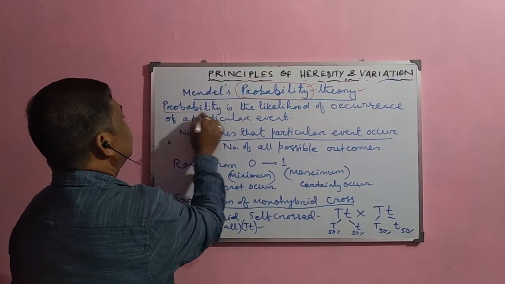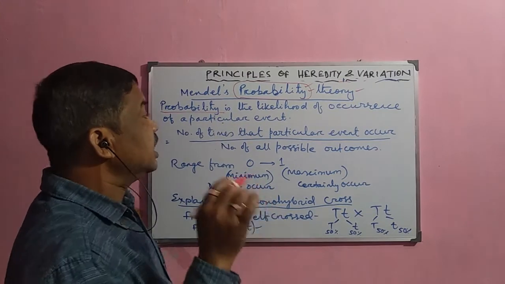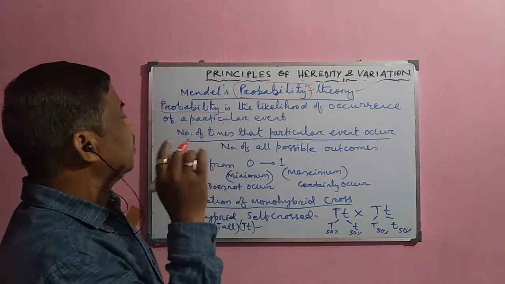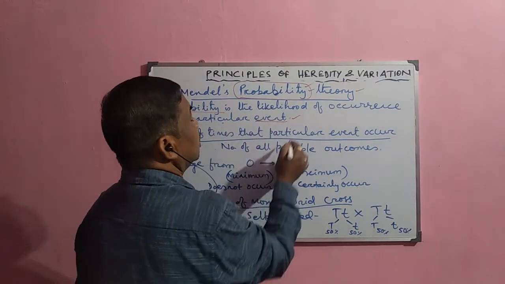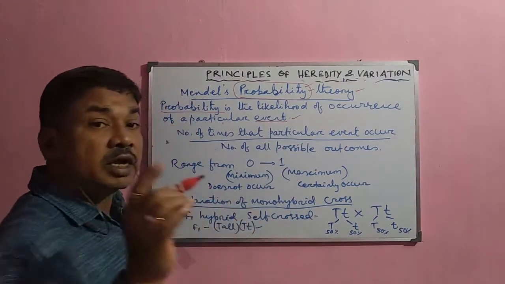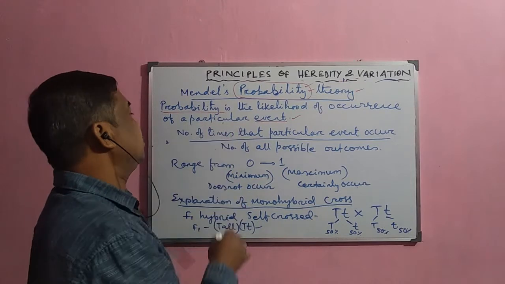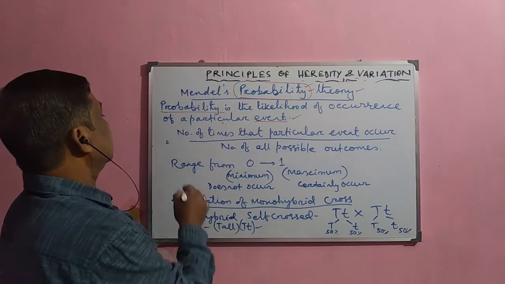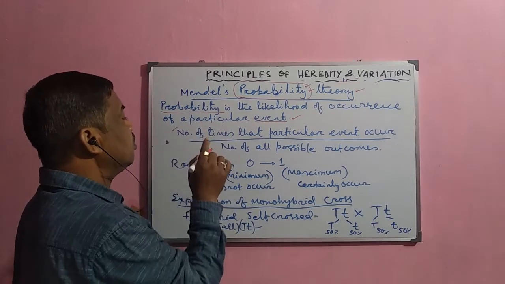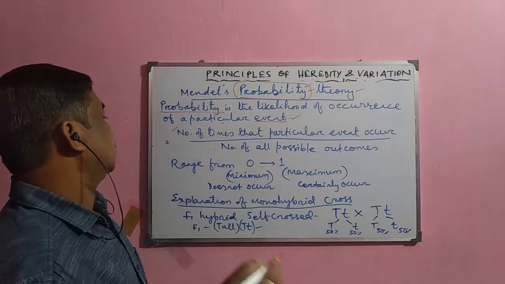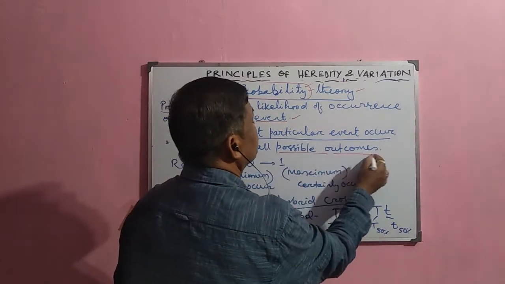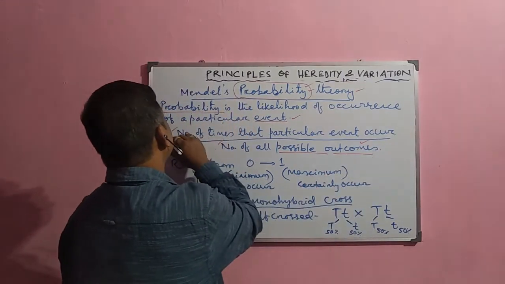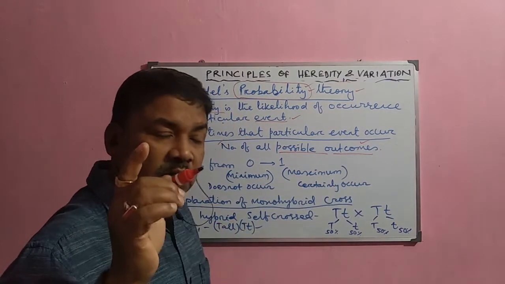Probability is the likelihood of occurrence of a particular event, how many times the event occurs, and it is explained through his probability theory. According to him, it is the number of times that particular event occurs divided by the number of total possible outcomes. This is called the probability, as we know in mathematics.